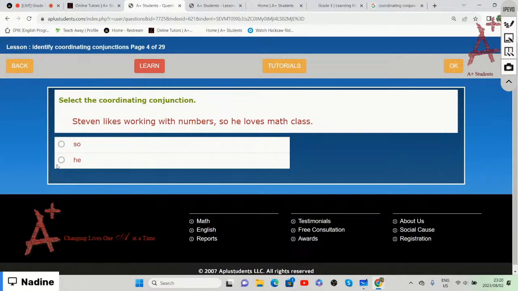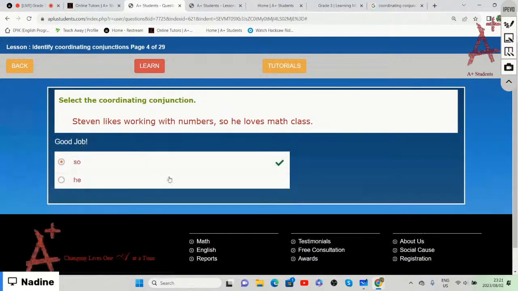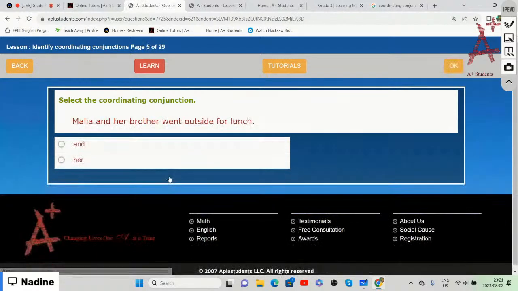All right, so it says Stephen likes working with numbers, so he loves math class. If we select our coordinating conjunction within that sentence, then we will choose so. And so connects these two sentences. So is our coordinating conjunction.